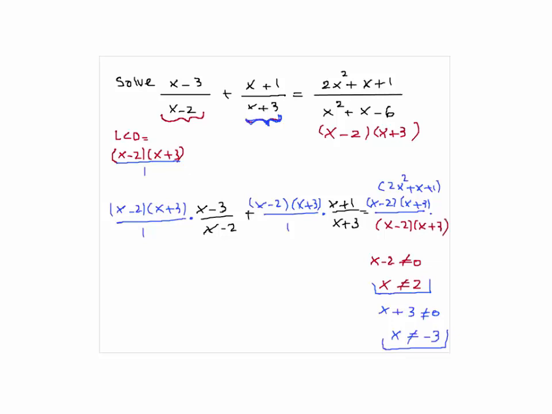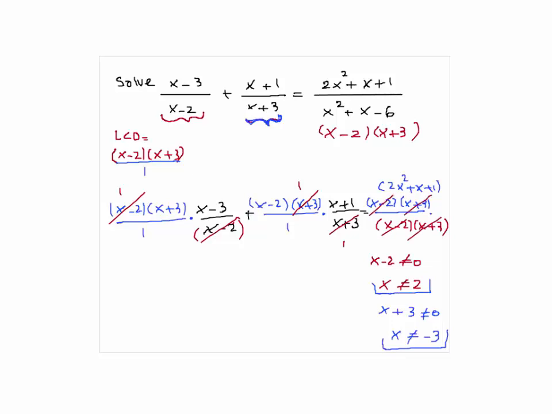So we multiply each term by the LCD and reduce. So here this turns to 1. All the fractions turn to 1, as you see.